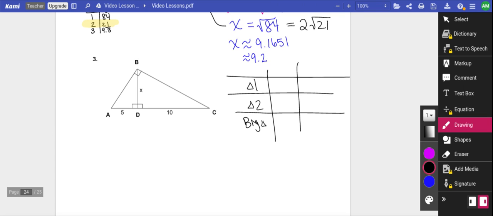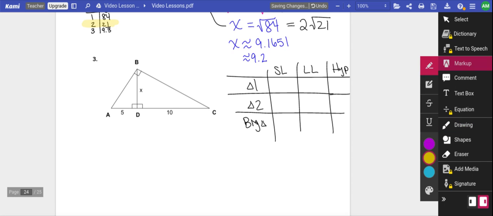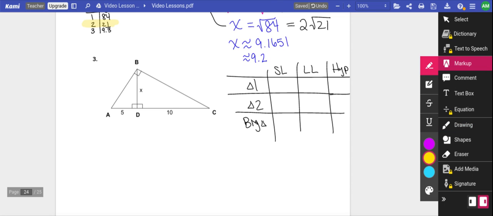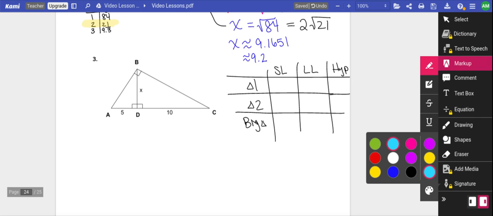As we continue through these, I don't like to keep writing short, long, and hypotenuse, so I write SL for short leg, LL for long leg, and hype for hypotenuse. So let's look at each of them as we go. Okay, small triangle. I guess I'll pick blue this time. I don't remember what color I was using before.